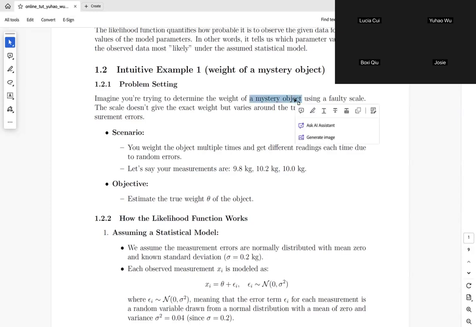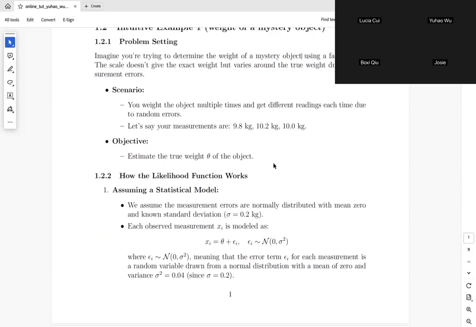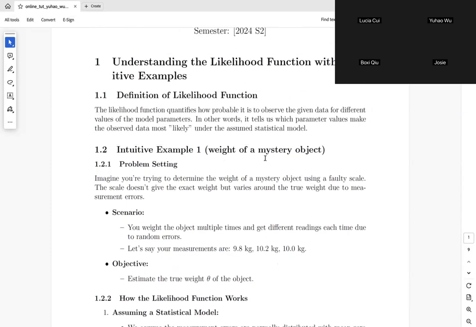So we are going to use the maximum likelihood function to estimate the true weight of this object.